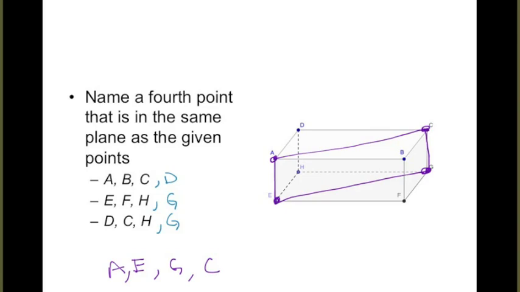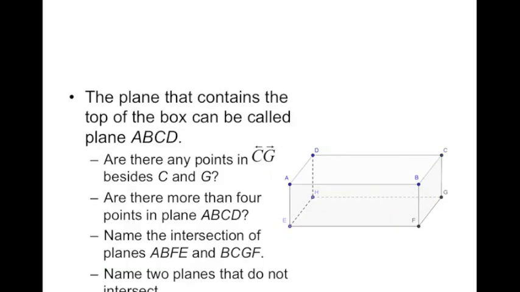Questions? Alright, so we've got that same picture and it tells us that we're going to call the top A, B, C, D. Now when we name a plane, you can start with any point you want. You can go around clockwise or counterclockwise, but don't go back and forth.